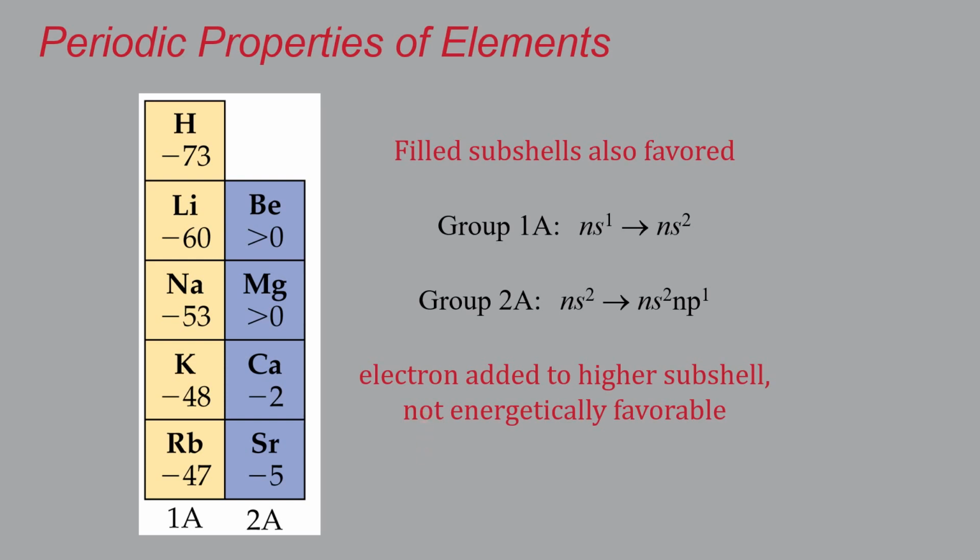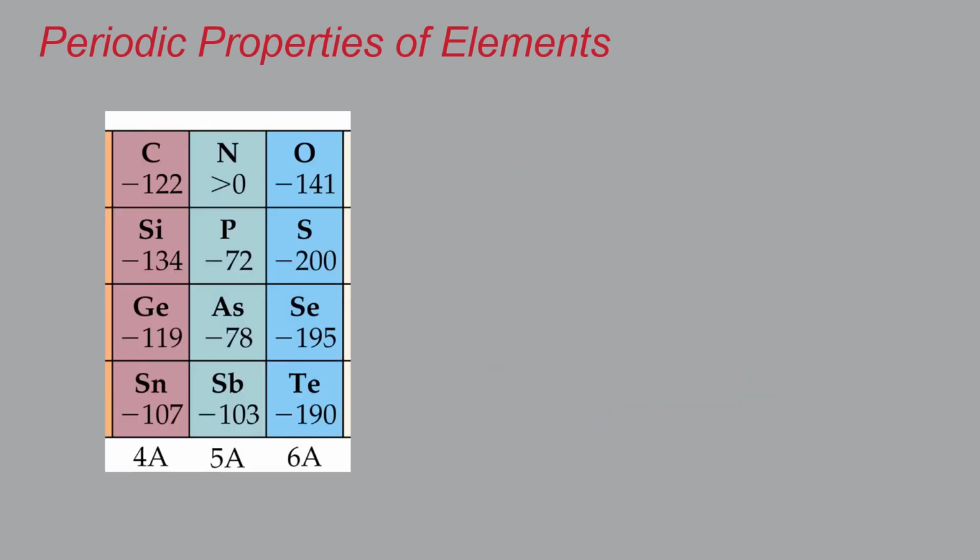All right, the last blip in the trend you can see is when you're going to these elements right here. The elements in group 5A have a slightly lower electron affinity than, again, you might otherwise expect.